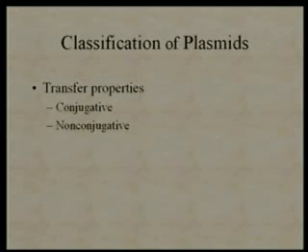But I should tell you that even though non-conjugative plasmids cannot mediate conjugation by themselves, that doesn't mean they're not of concern. If a non-conjugative plasmid finds itself in the same cell as a conjugative plasmid, the conjugative plasmid can mediate transfer of both.